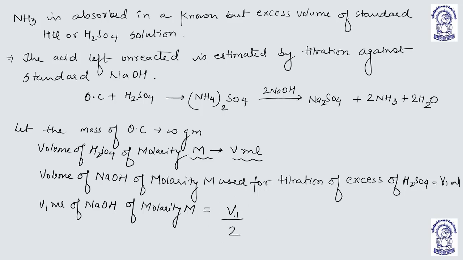only half of the volume will be used for the neutralization of H2SO4. So the volume of the H2SO4 used to titrate NaOH is V1 by 2 mL of H2SO4 of molarity capital M. Now, the volume of the unreacted acid, unused acid, will be V minus V1 by 2 mL.